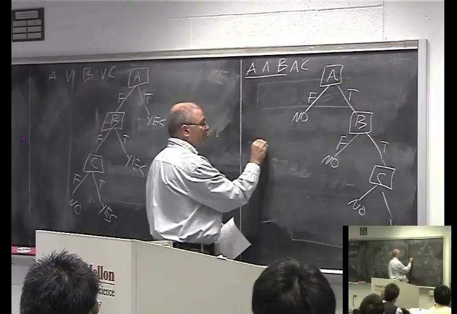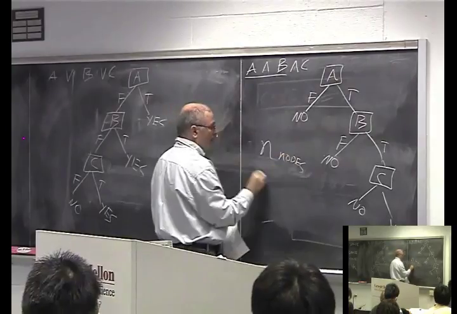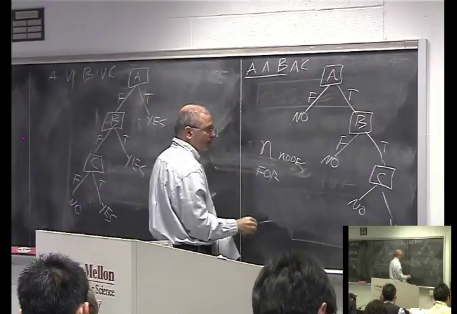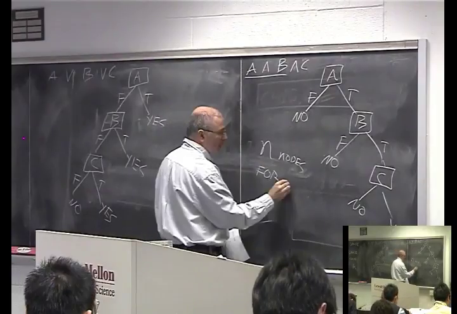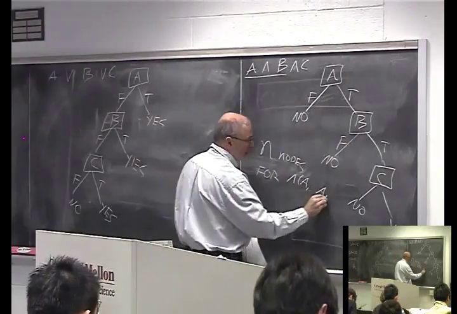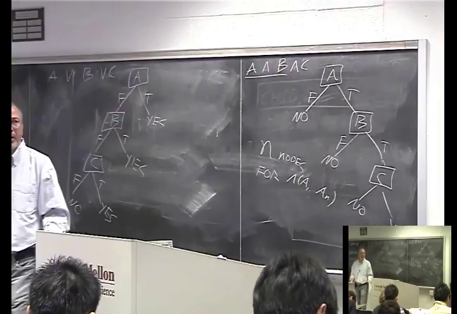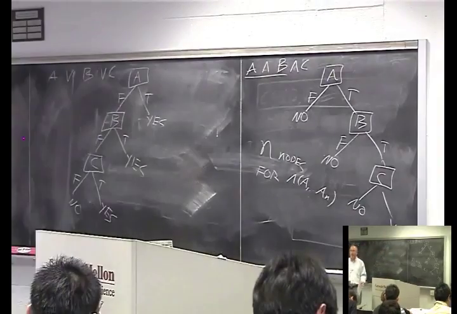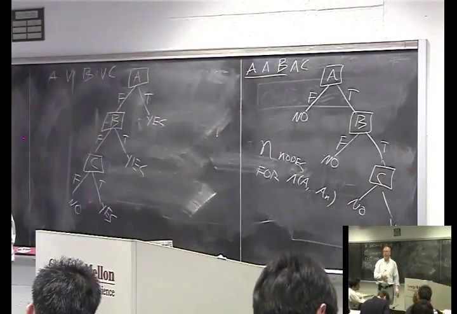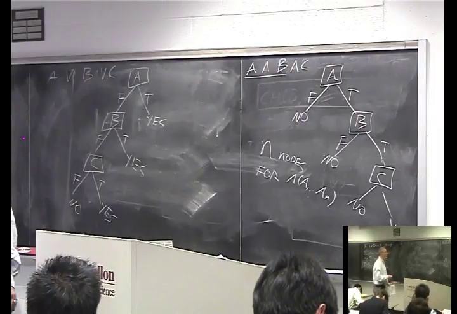So we need n nodes for a conjunction of A1 through An. So the size of the tree, as measured by the number of nodes, grows linearly. Same goes for disjunctions. So you can grow a tree linearly in the number of variables, of arguments.